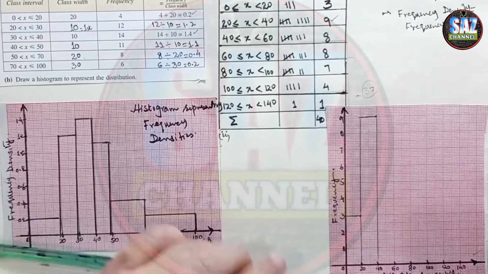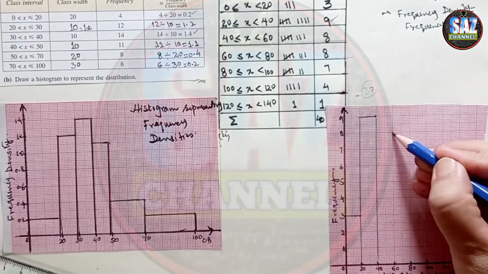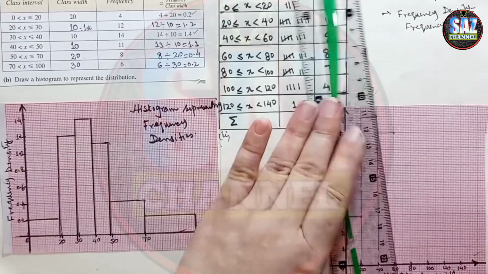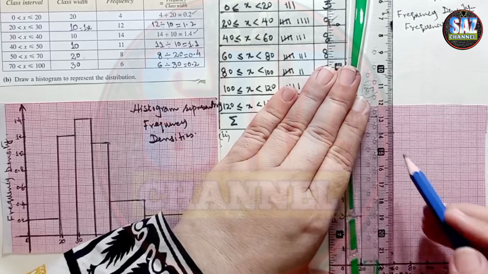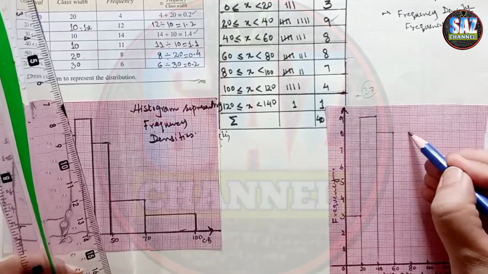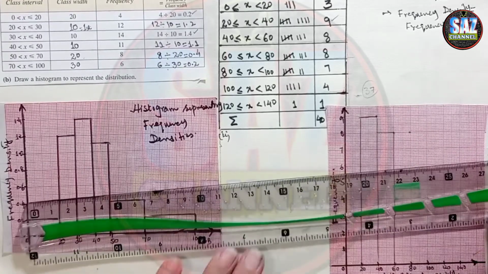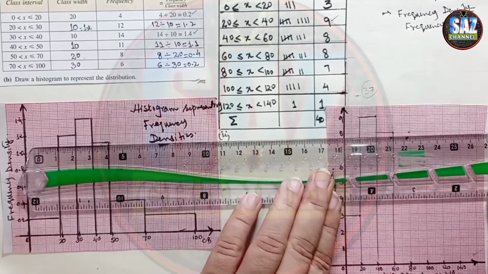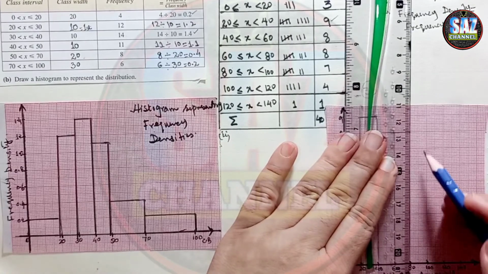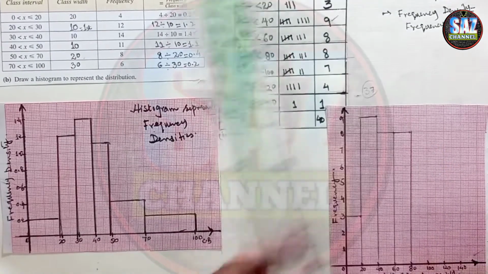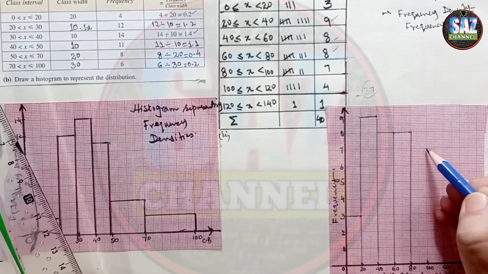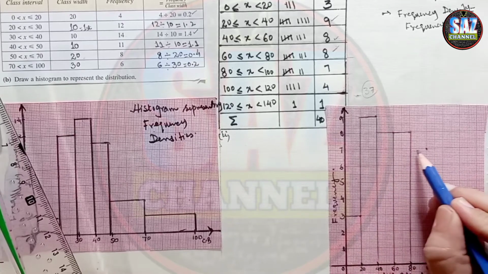Then 40 to 60, this is 8. 60 to 80, again 8. And then 80 to 100, this is 7. I have to mark the point in front of 7.